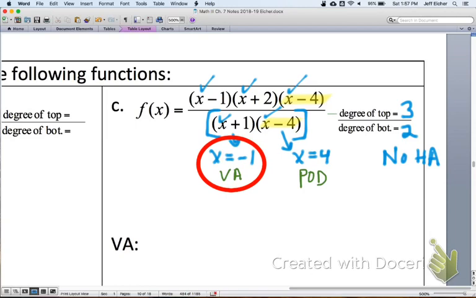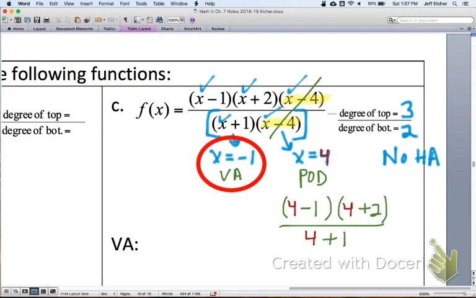The y-coordinate of our point of discontinuity, we would take the simplified version, so that would be x minus 1 times x plus 2, over x plus 1. I put in my 4 that I got right here into the simplified version of the function.